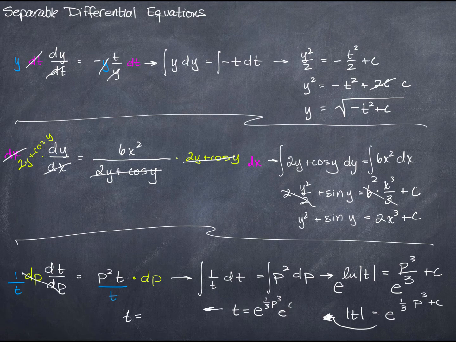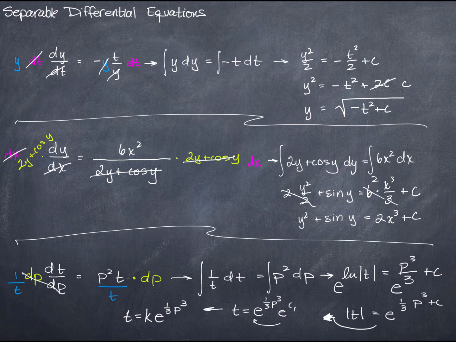Let me back up. I'm going to move this in front, but this time I'm going to call it k, just to change its name a little bit. E to some constant is a constant, but it's not the same as c. I could call this one c1 and this one c2 if I wanted, but I'm just going to call it k. All right, e to the 1/3 p cubed.